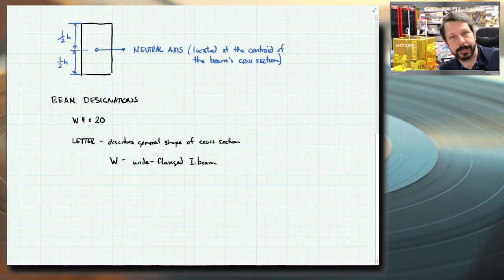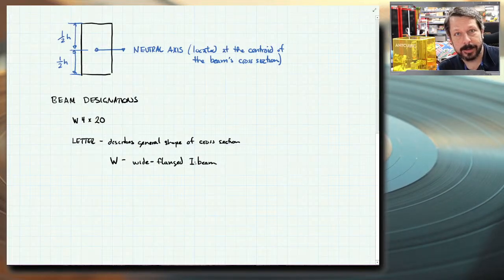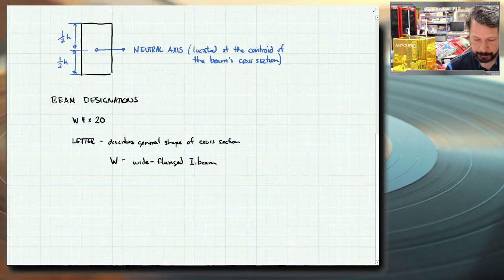The cross section actually looks like the capital letter I, but W means wide flanged. The flanges on an I-beam are the top and bottom parts, the parts that stick out, that make the top and bottom of the I. So W would be a wide flanged I-beam.